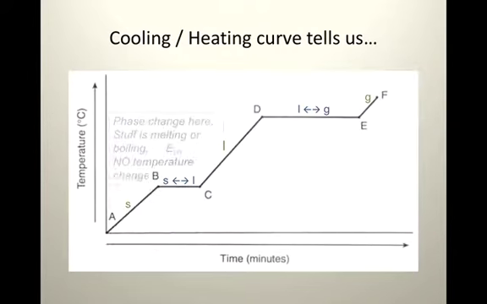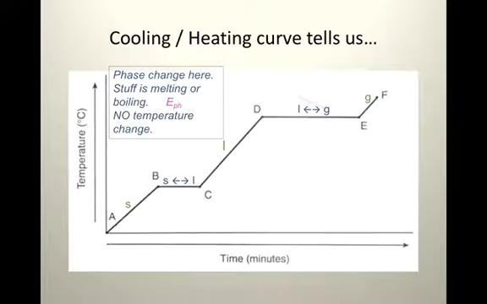Our heating and cooling curve can tell us a lot. It can tell us that stuff is being melted or boiled. There's no temperature change, and this is where when you put in energy, energy is being stored as phase change. You're literally, all the energy you put into it is put into melting it or freezing it or boiling it.